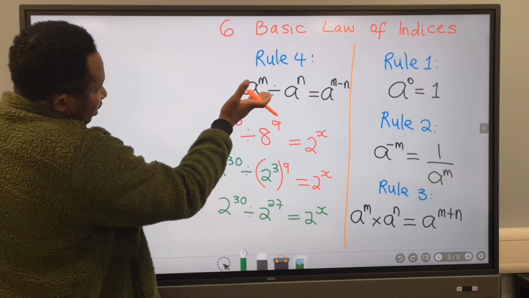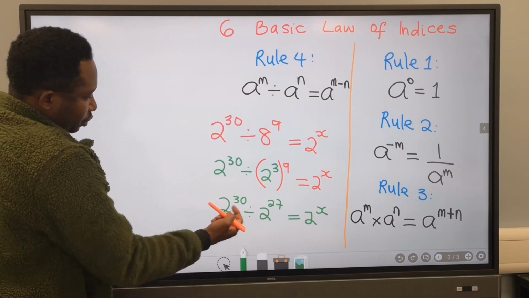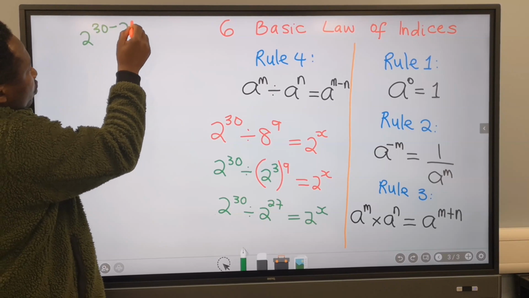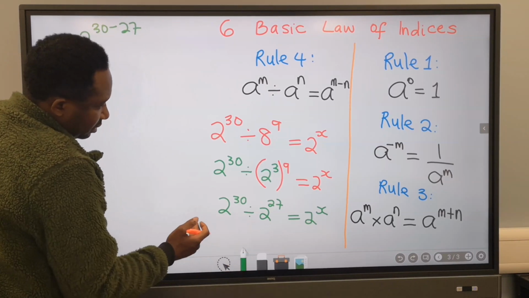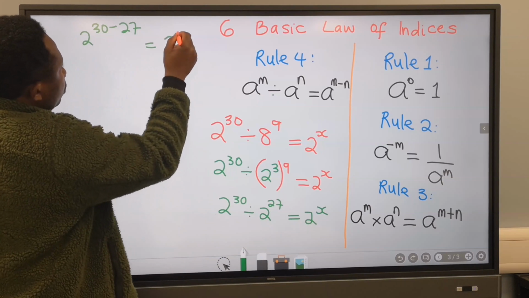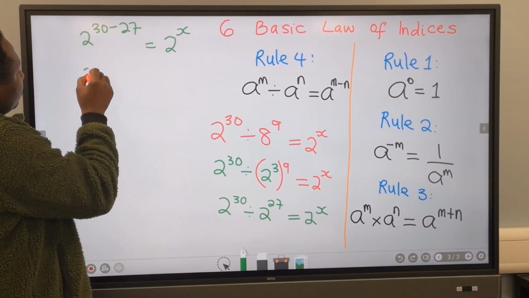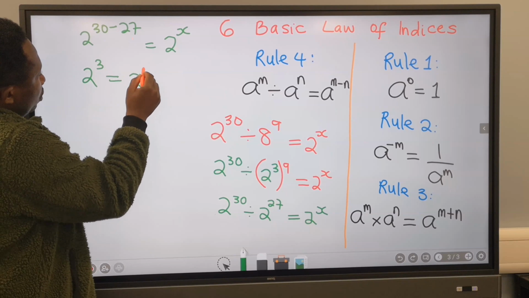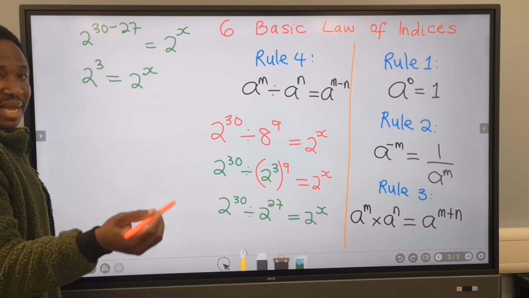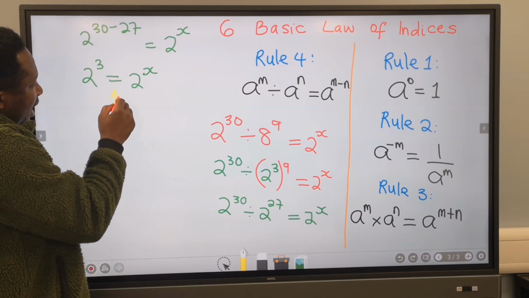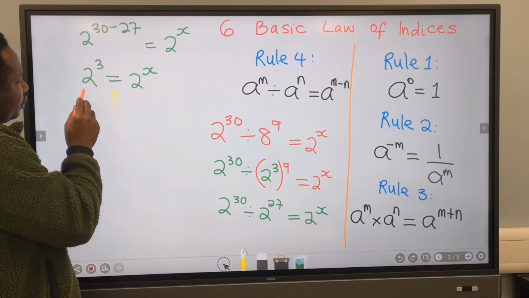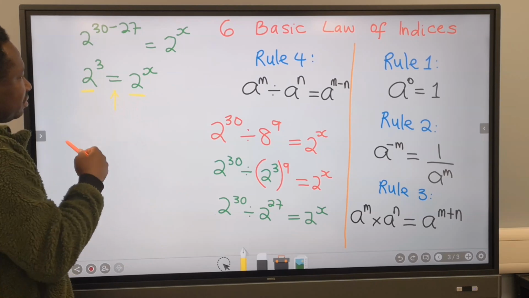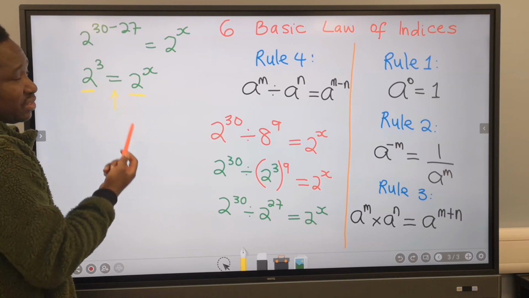This is now the fourth rule. So these 2 and these 2 are the same. I will have 2 to the power of 30 minus 27. I'm done with this side. On the other side, I got 2 to the power of x. This is 2. 30 minus 27 will give you 3. And I got 2 to the power of x. In mathematics, as long as there is an equal sign here, and these 2 are the same, I can have 2, 2, or 5, 5, or 7, 7, or even minus 5, minus 5.